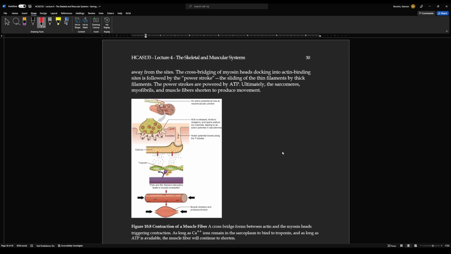So the binding of myosin to actin requires one molecule of ATP, and then the release of myosin from actin requires a second ATP. The whole concept here, though, is that we essentially have this binding here, right?